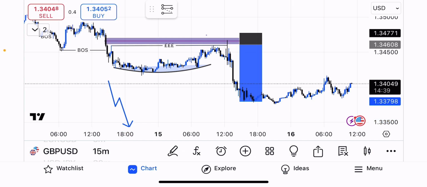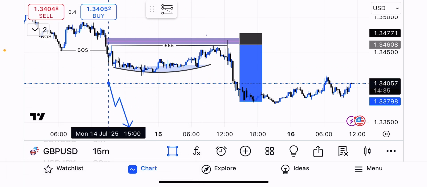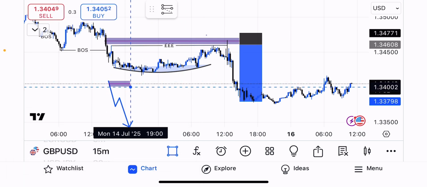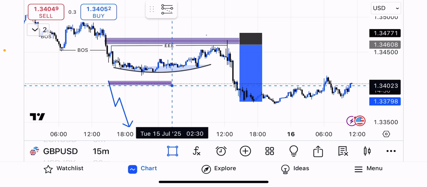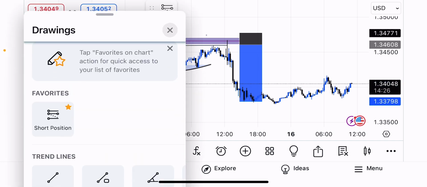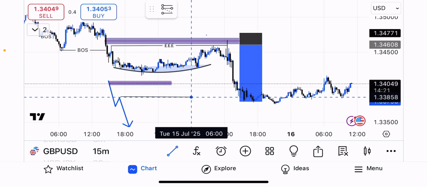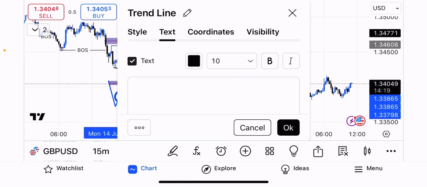Okay, and probably you've marked out your zone. For example, you marked it here. It's a bit far. You can see it's a bit far. Are you seeing this?